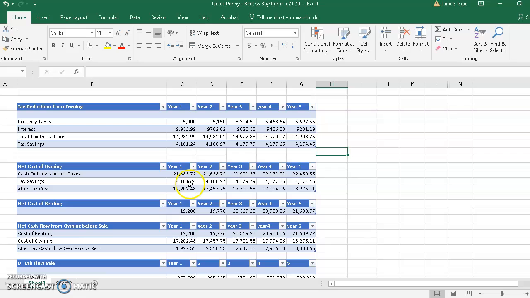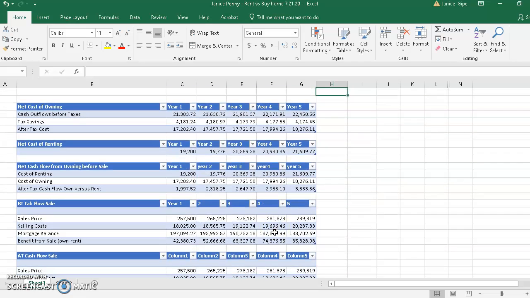And then the tax savings, which are all these numbers across, for total tax savings. It's right here as I copied and pasted these from this calculation.